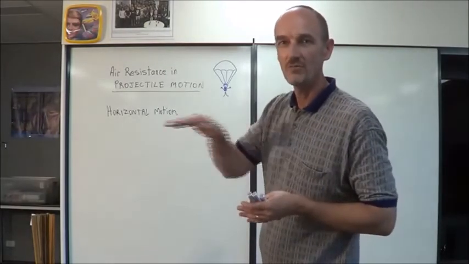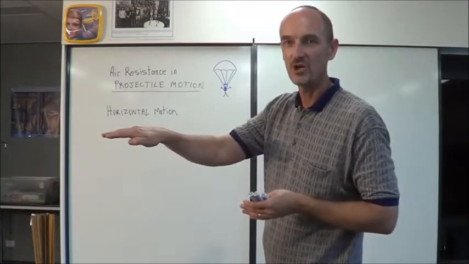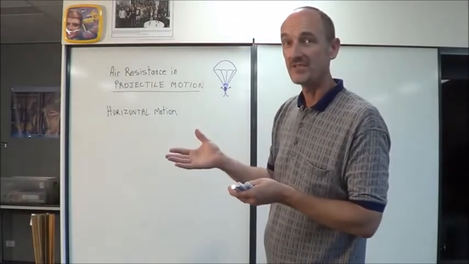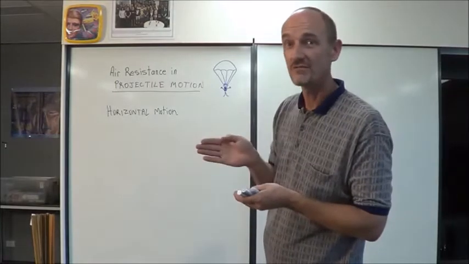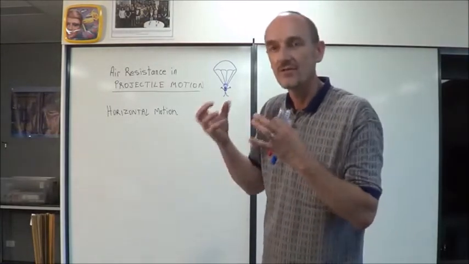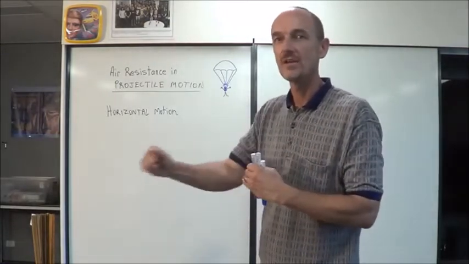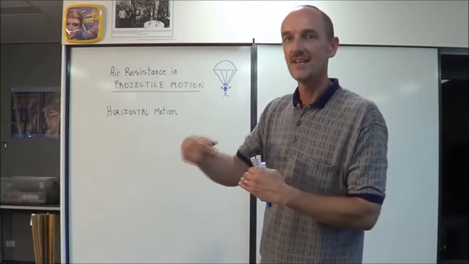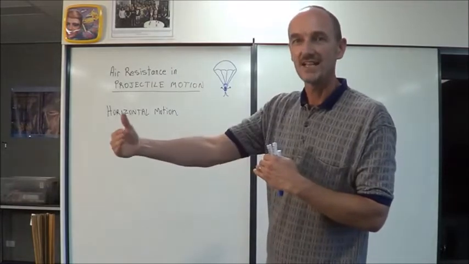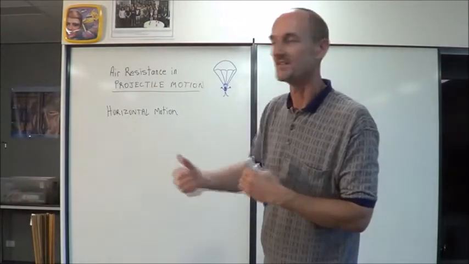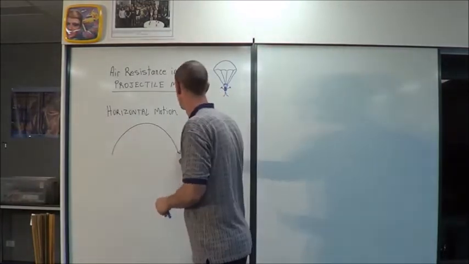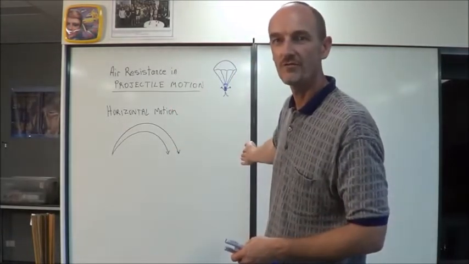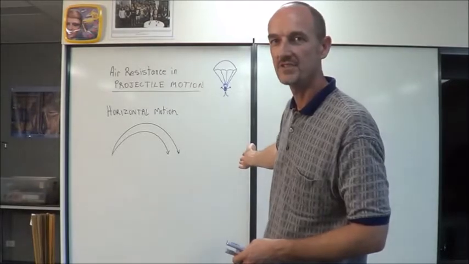When we were analysing projectile motion without air resistance, the horizontal had a constant velocity. This time the velocity is not constant, it's slowing down. And you can see if the velocity slows down, then we're not going to get as far in the horizontal direction. The object will fall short of the full range without air resistance.